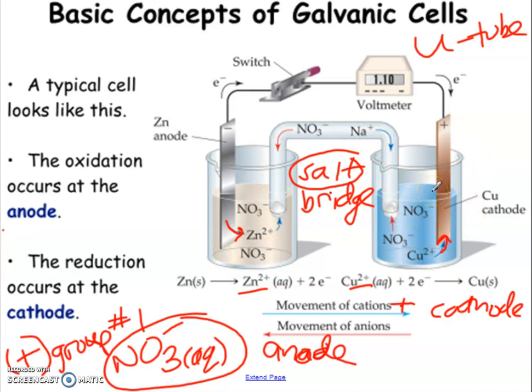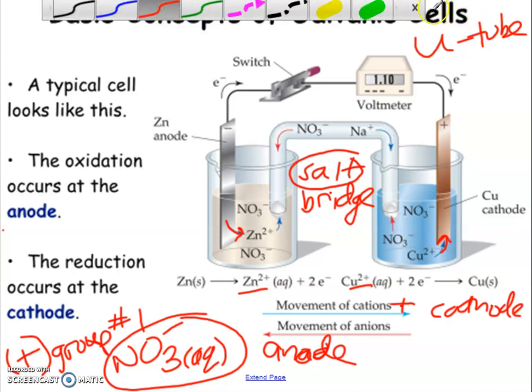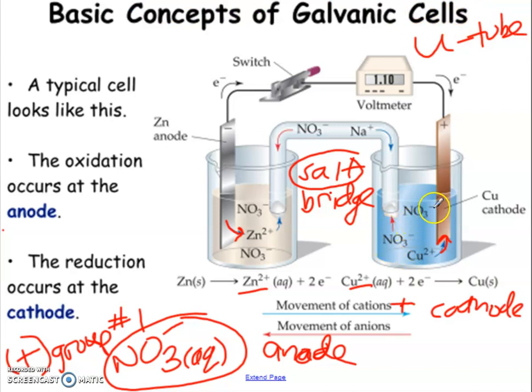Remember, opposites attract and like charges repel. So you'll notice here that the negative nitrate has an arrow pointing away from this cathode, so it's repelled. And the zinc positive 2, you'll notice there's an arrow going up to move over towards this cathode.